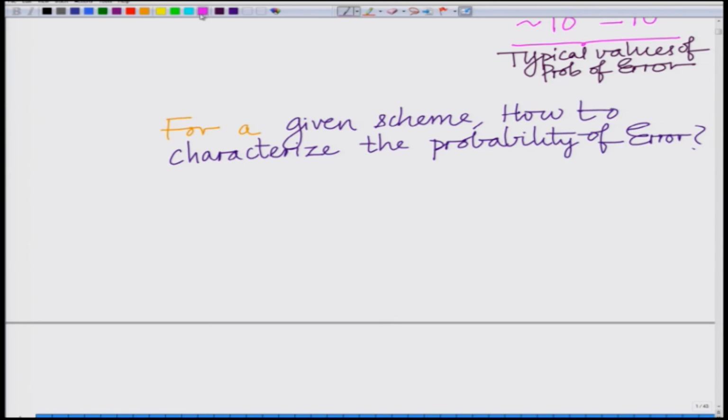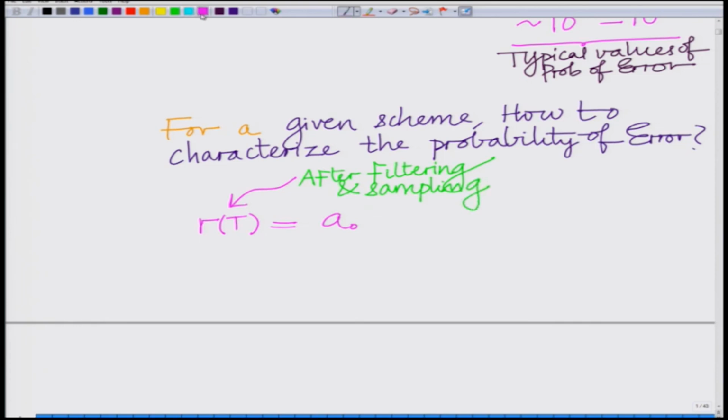Now, basically we have seen that our received sample R of t, after filtering with h of t and sampling, is given as A naught times the integral from minus infinity to infinity of p of t minus tau, h of tau, d tau, plus n tilde.